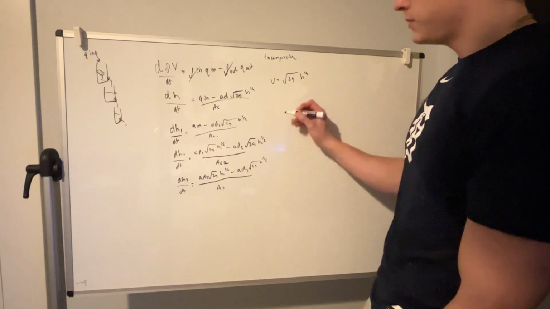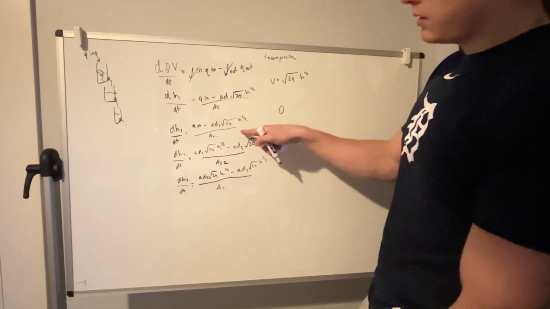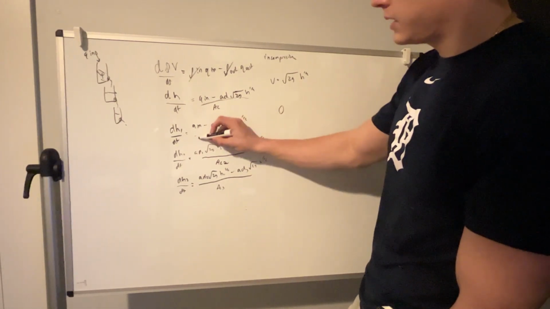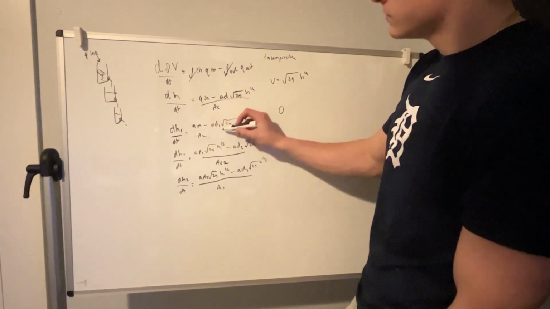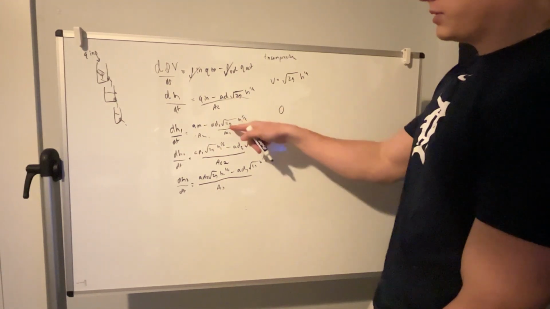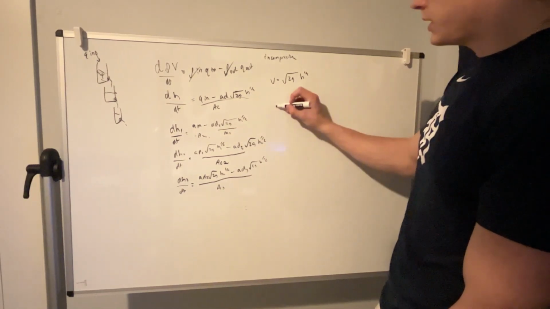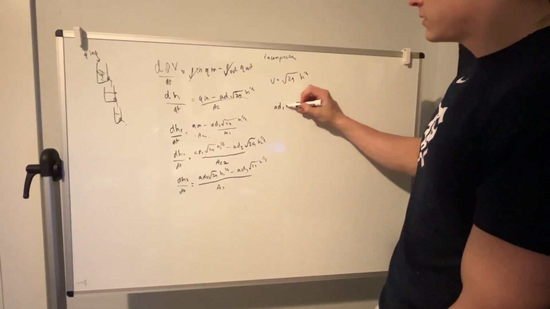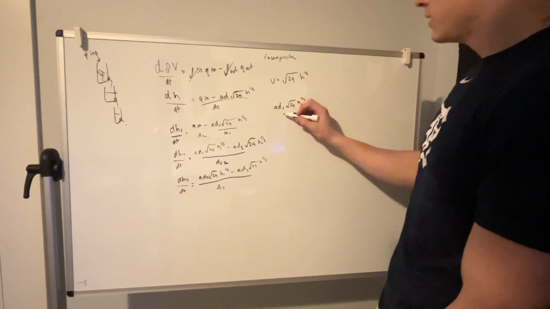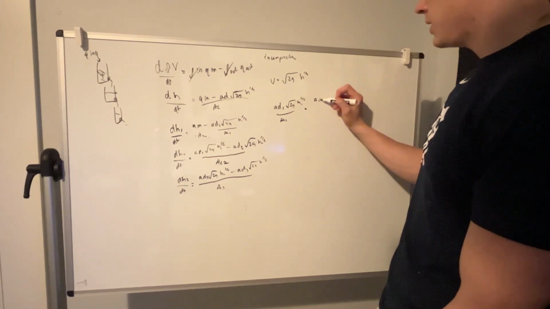So we get 0, and then we make the AC separate over AC1, and we'll move this to the other side of the equation. So we get AD1 times the square root of 2g H to the 1/2 over AC1 is equal to Q in over AC1.